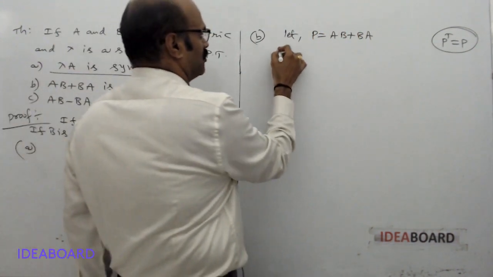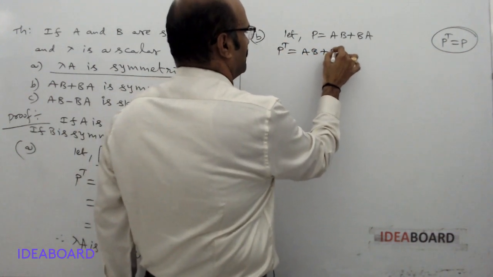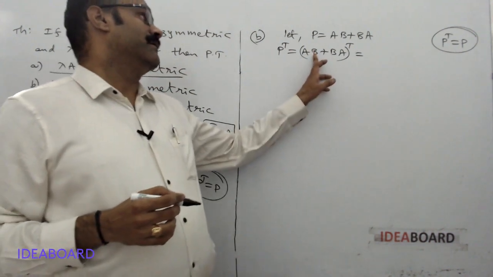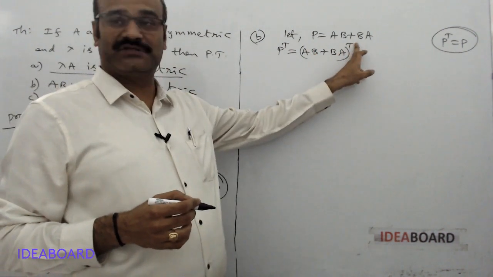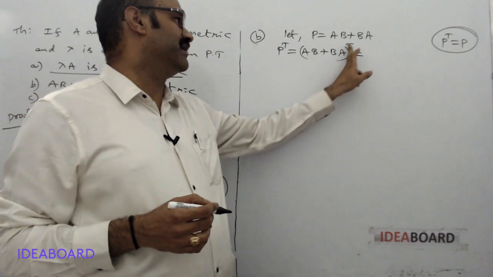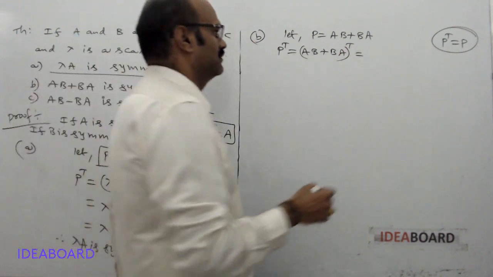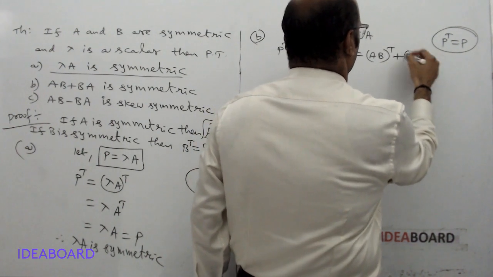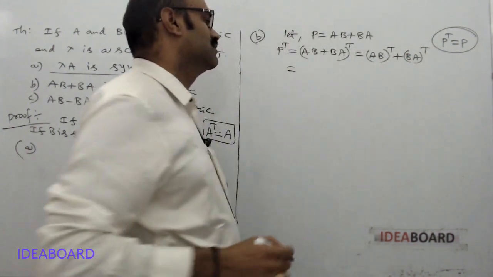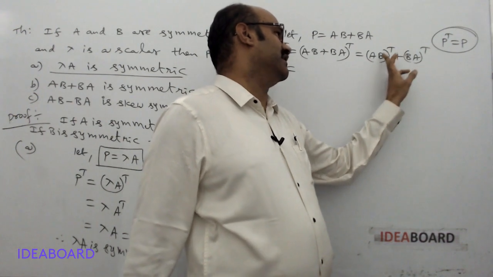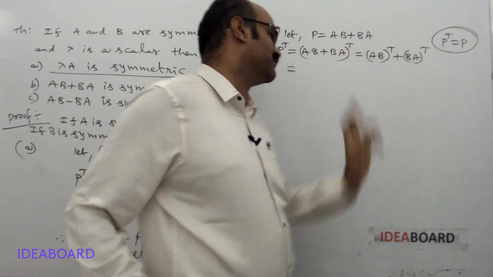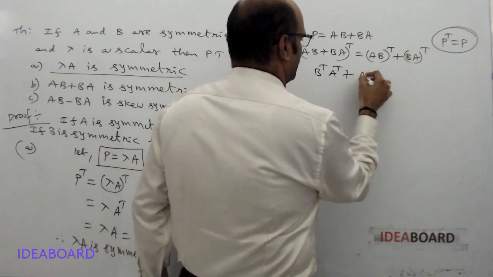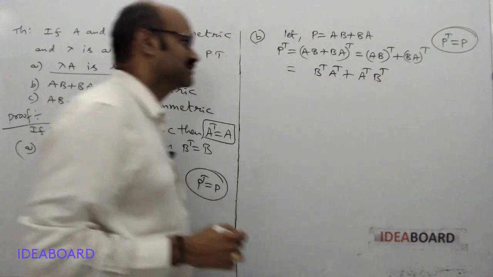So P transpose equal to AB plus BA whole transpose equal to A plus B whole transpose equal to A transpose plus B transpose. That formula we should take. So it implies AB whole transpose plus BA whole transpose. AB whole transpose formula is B transpose into A transpose, so B transpose into A transpose plus A transpose into B transpose.